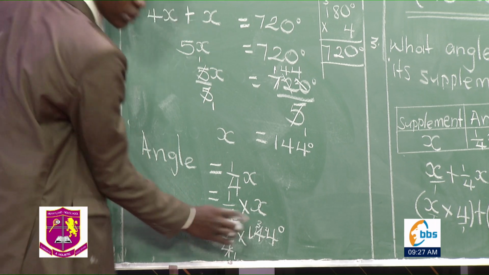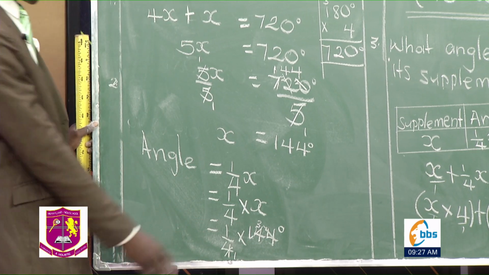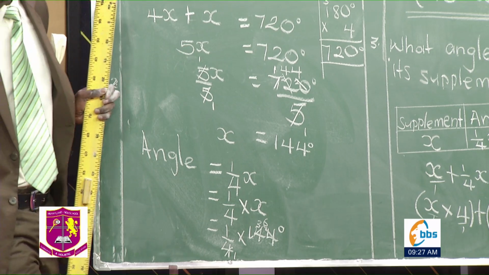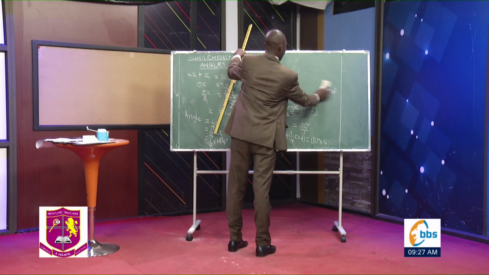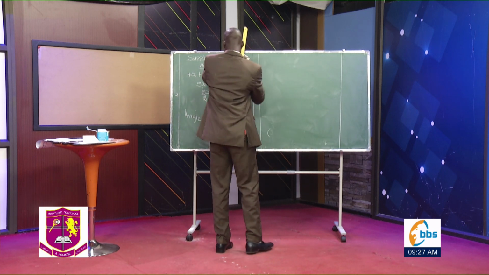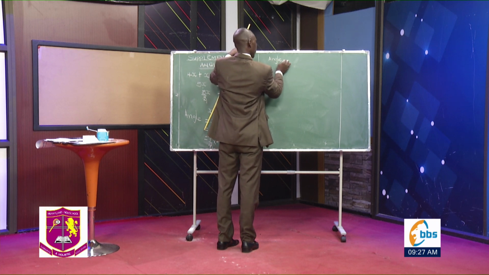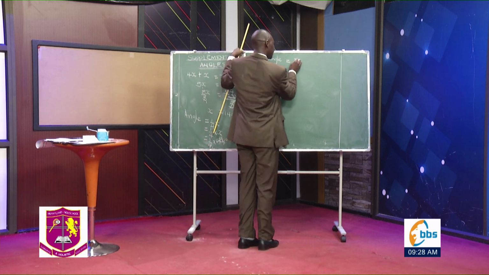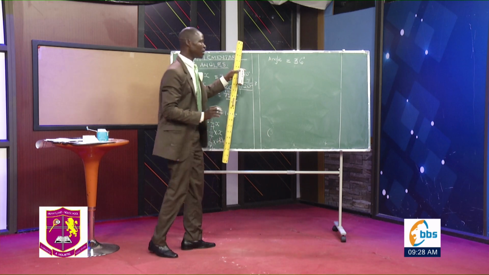You push it to the next digit, and it becomes 24. 24 divided by 4 is 6. So our angle will be equal to 36 degrees. I cannot live without putting the units.